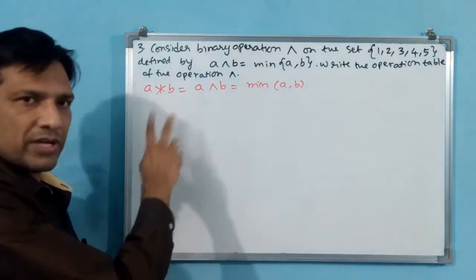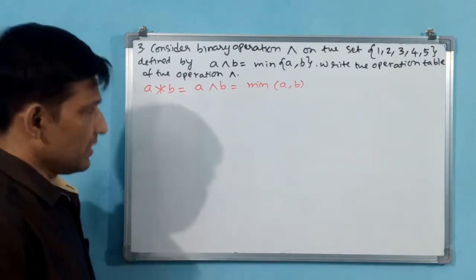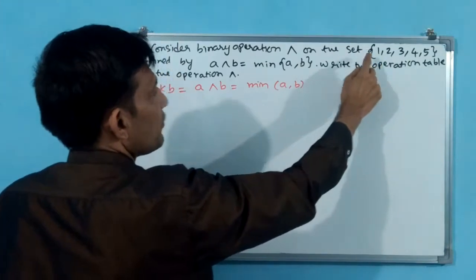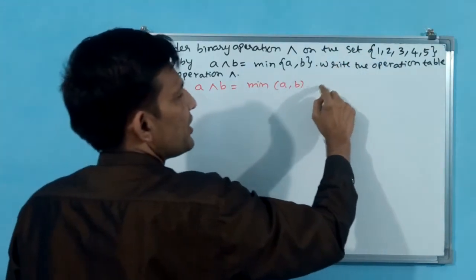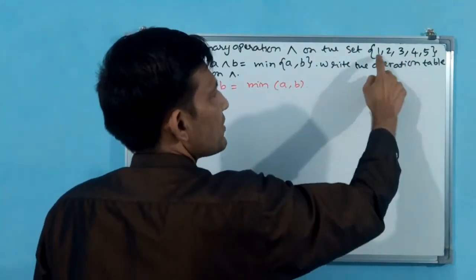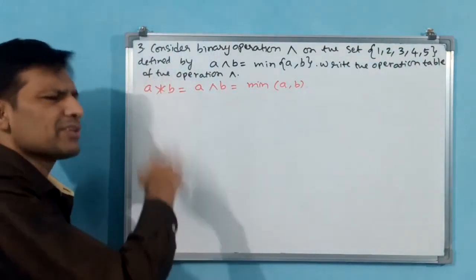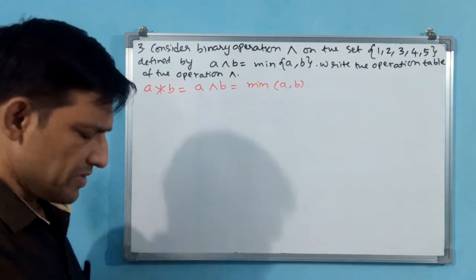That means you take A and B and find the min. Here the set is A, then A cross A to A, that means 1 1, 1 2, 1 3, all you have to take like that. But operation table means all are going to come, that you know very well.